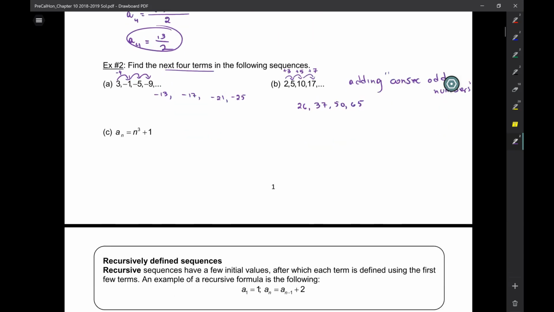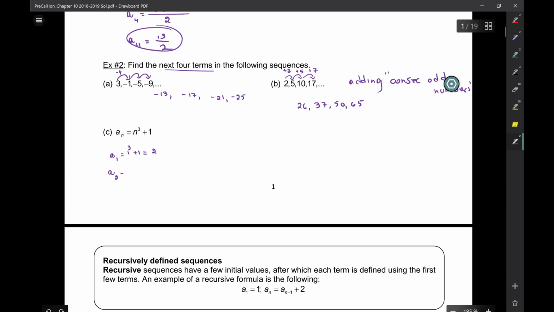Good. All right. Here, it says to find the next 4, and all we're given is an explicit formula. So to find the next 4, we're not really given anything, so we're going to find the first term, then the second, then the third, then the fourth. A sub 1, here n is 1, so I plug 1 in for n, and I get 2.